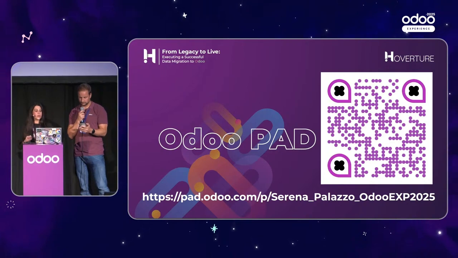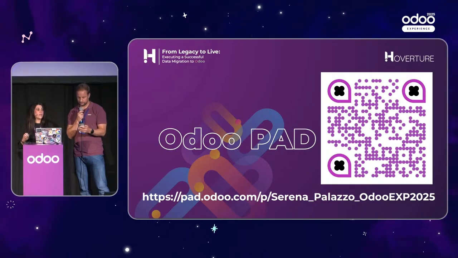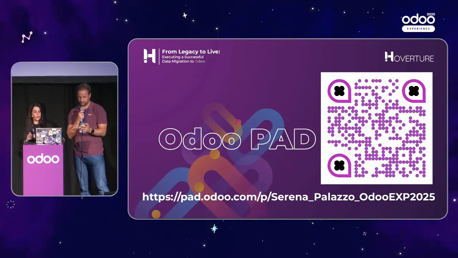But usually what we do is try to do this kind of transformation in the staging area. We put data in Cloud SQL, and then we do all these things in there, and then we put the already transformed and enriched data inside Odoo.